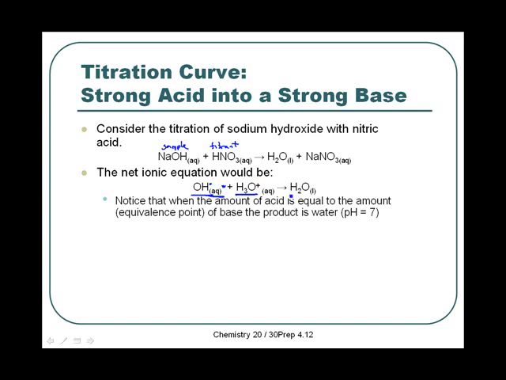So for all acid-base reactions, we're getting to a product of water, and we know that the pH at equivalence would be 7. So here's what our titration curve would look like.